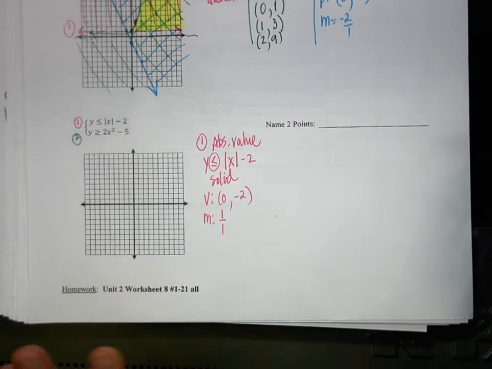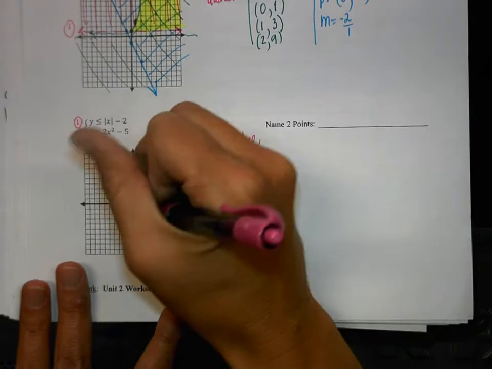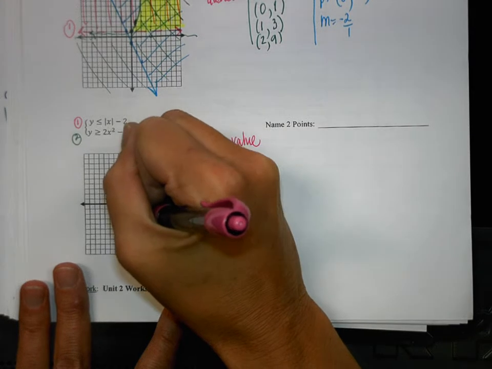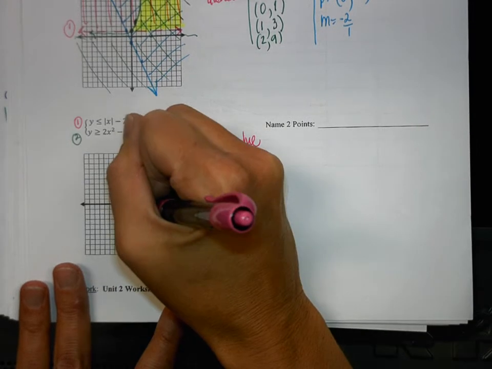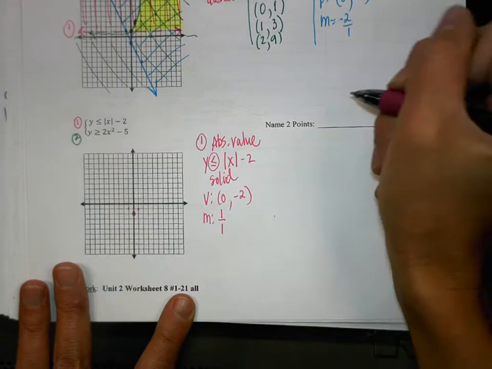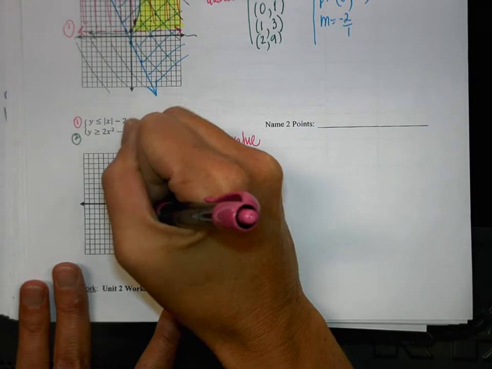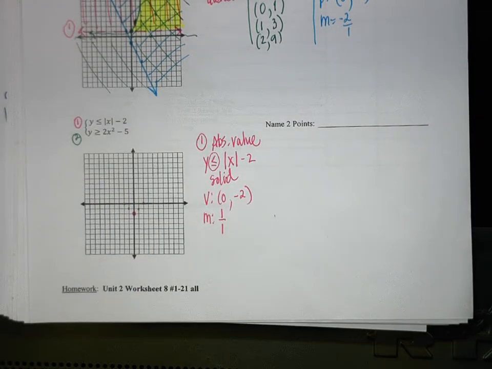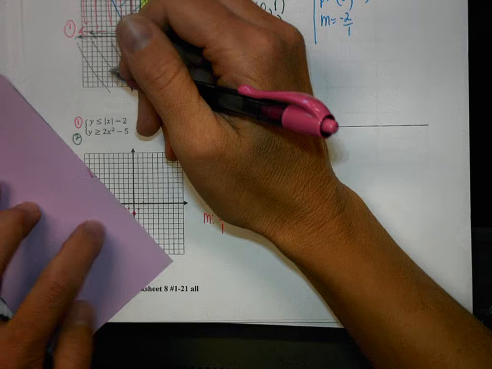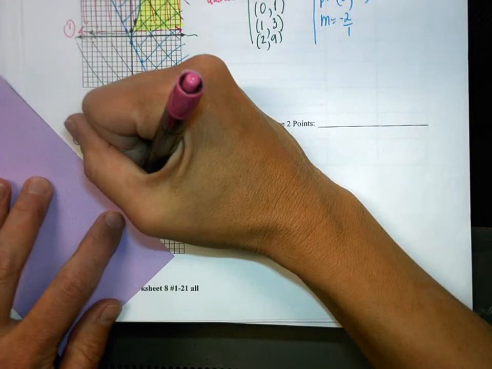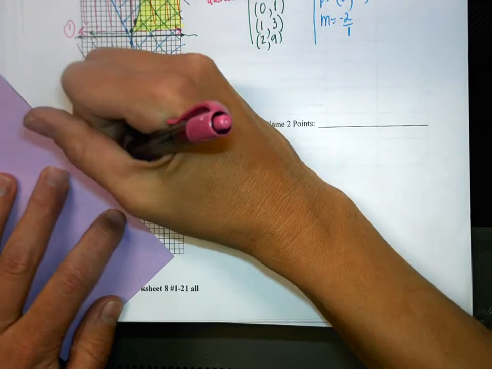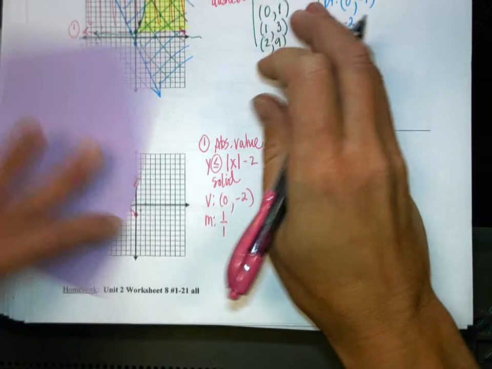So we'll go ahead and plot this. 0 and then negative 2. And from there we're going to go up 1, right 1, and then our line of symmetry. Again, up 1, right 1, our line of symmetry. And we'll go ahead and draw our line and hope that we're making this accurate.